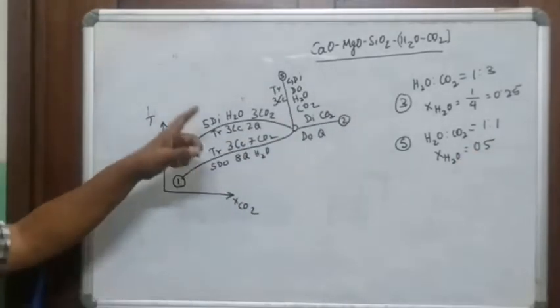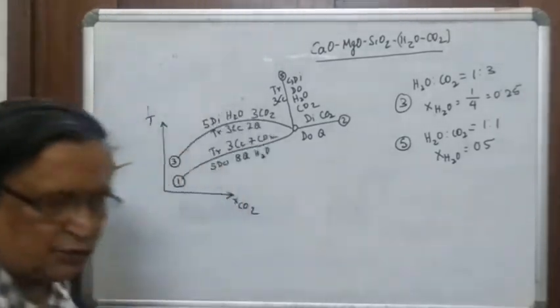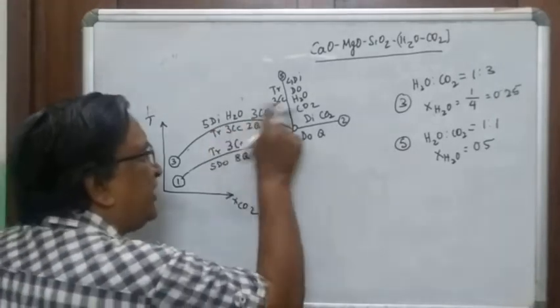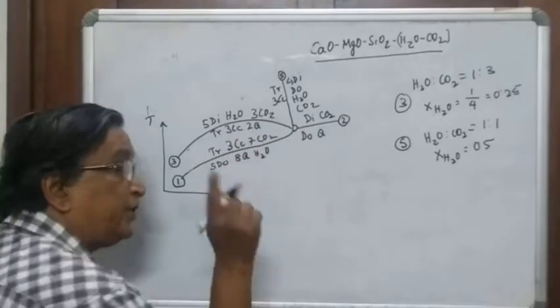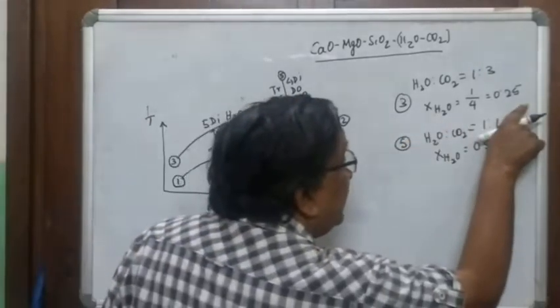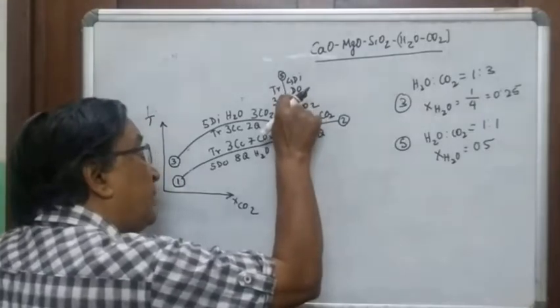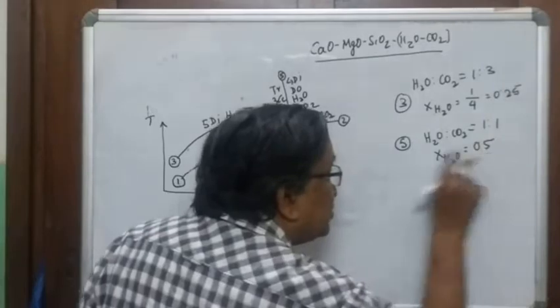That is very crucial to understand. Have you understood? Very, very crucial to understand. Here both the reactions produce H2O and CO2. Here H2O and CO2 are produced where fluid XH2O is 0.25. Here also H2O and CO2 are produced, but in the ratio 1:1 or 0.5.